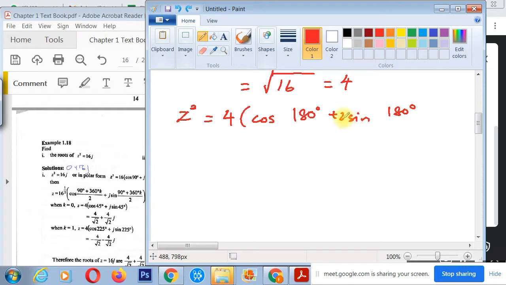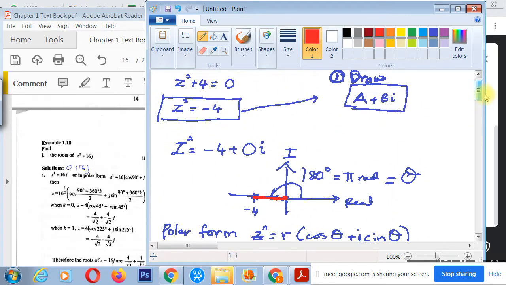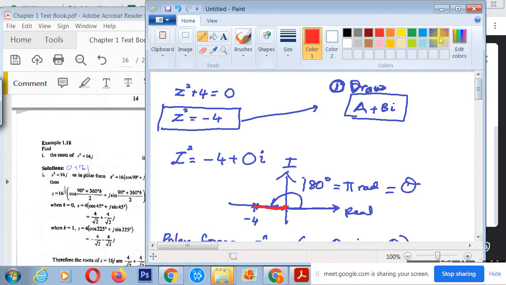Not i, j, I just confused. So we have the polar form for our question. And then the next stage is we want to compute.